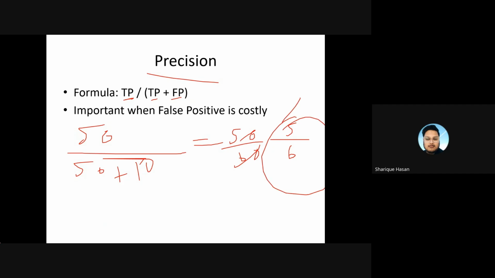Accuracy doesn't give you the most precise result, that's why we use precision.